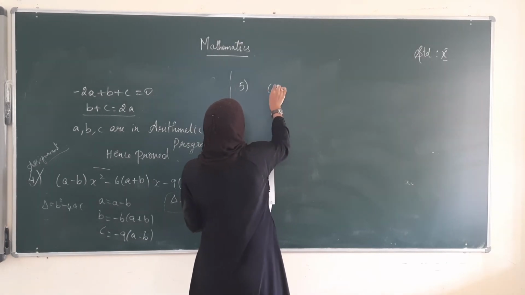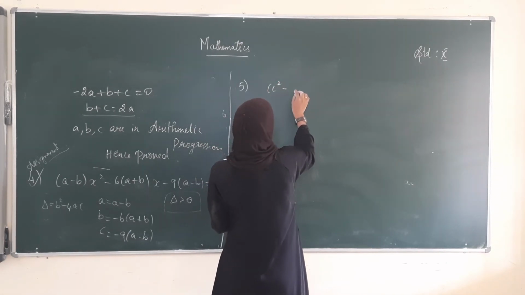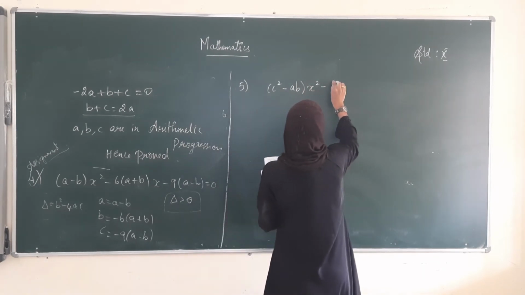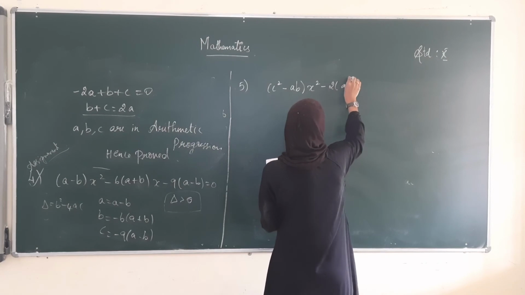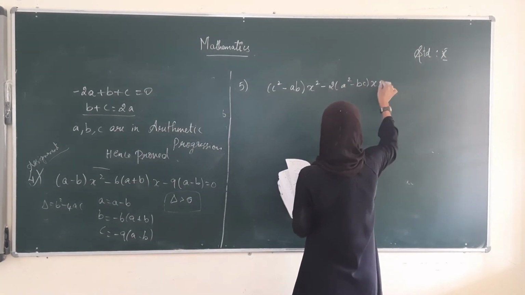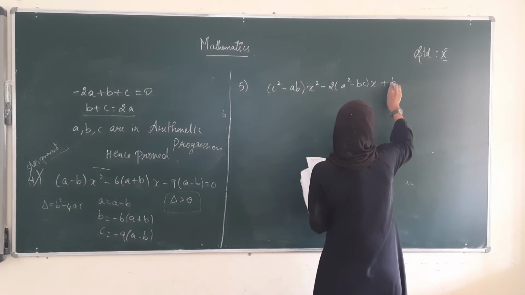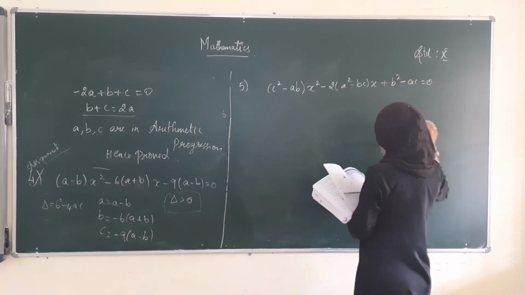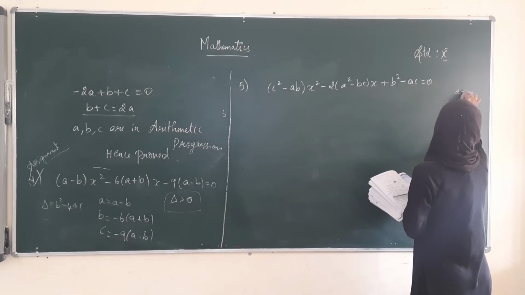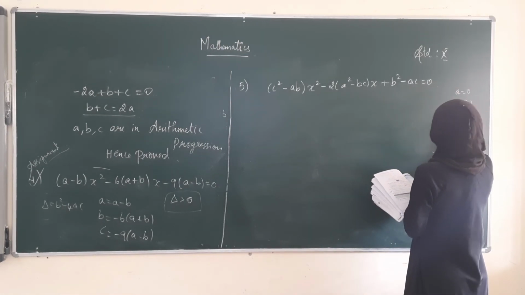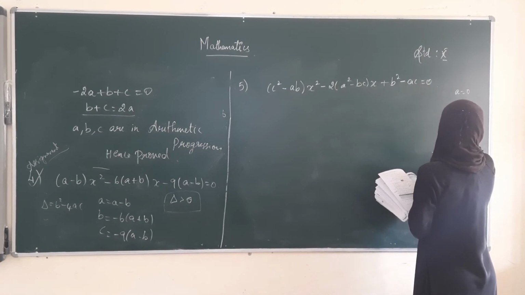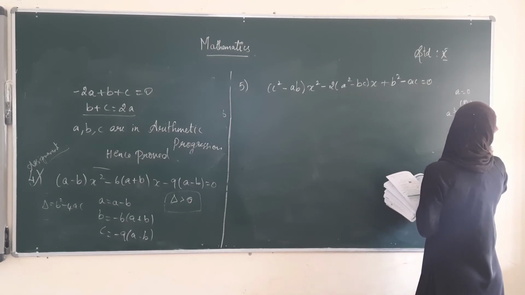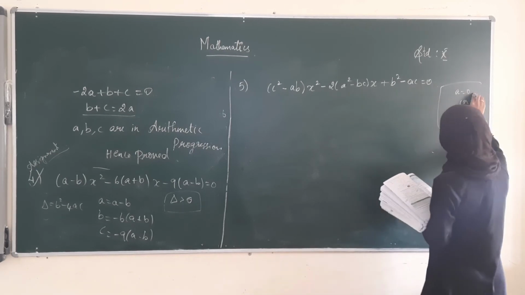The equation is (c squared minus ab) x squared minus 2(a squared minus bc) x plus (b squared minus ac) equal to 0. We have to prove either this or this.